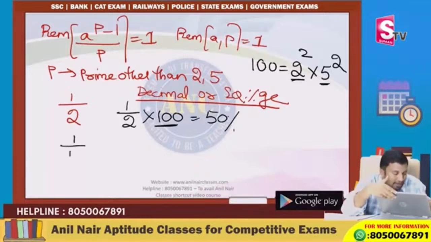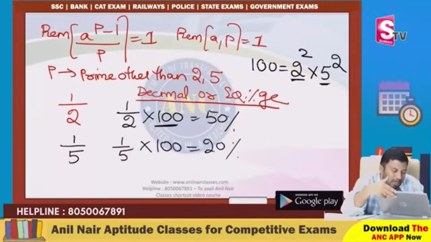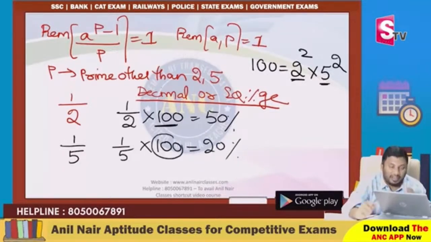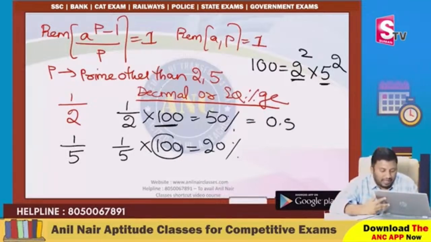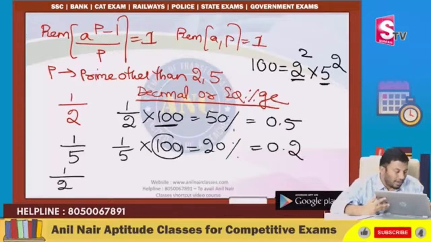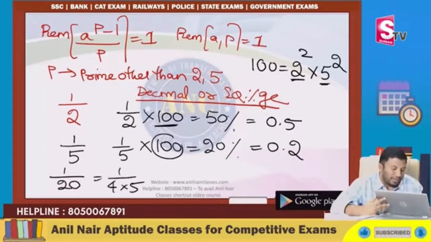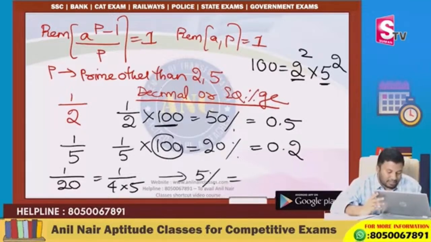1 by 5 is nothing but 1 by 5 into 100. Perfectly divisible. 100's prime bases are 2 and 5. Definitely I will get a terminating decimal. 1 by 20 is 1 by 4 into 5. 100 is divisible by 20, which gives 5%, a terminating decimal.